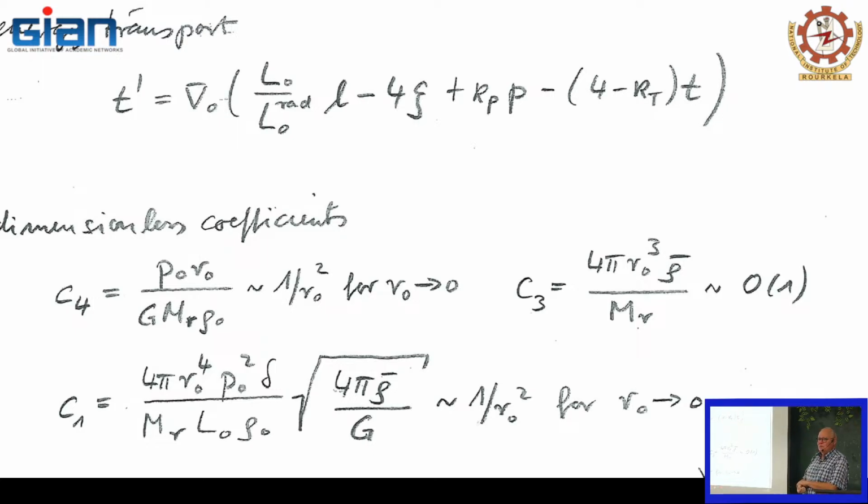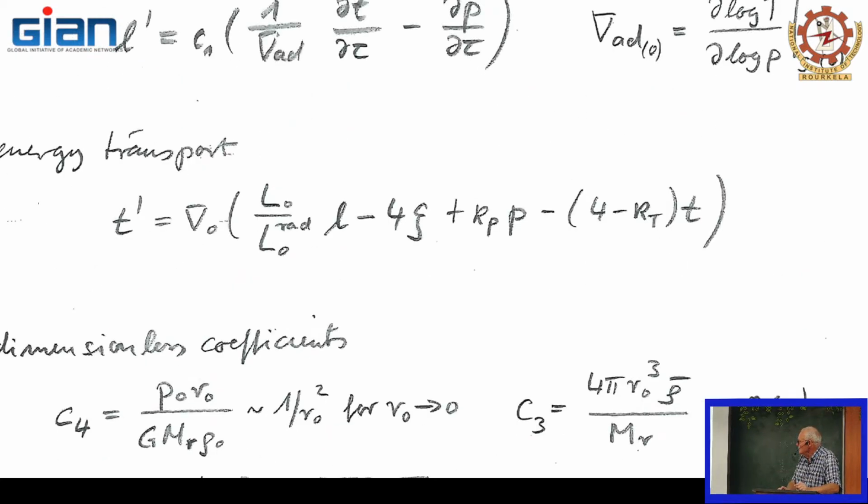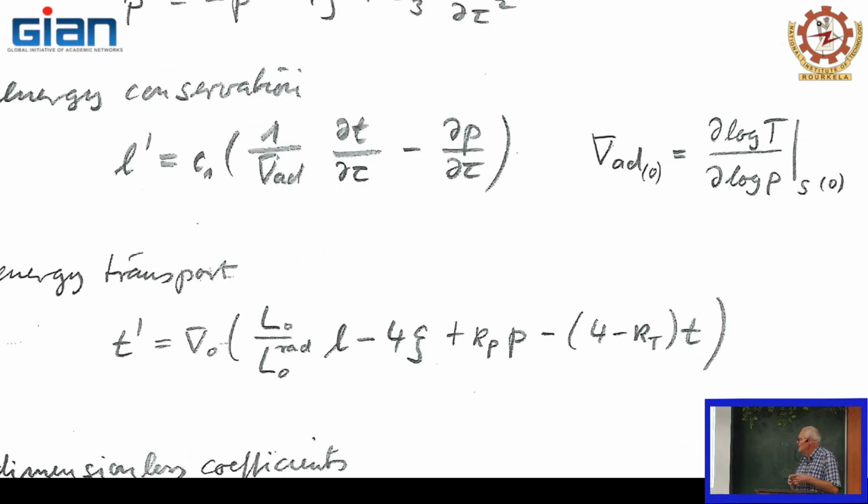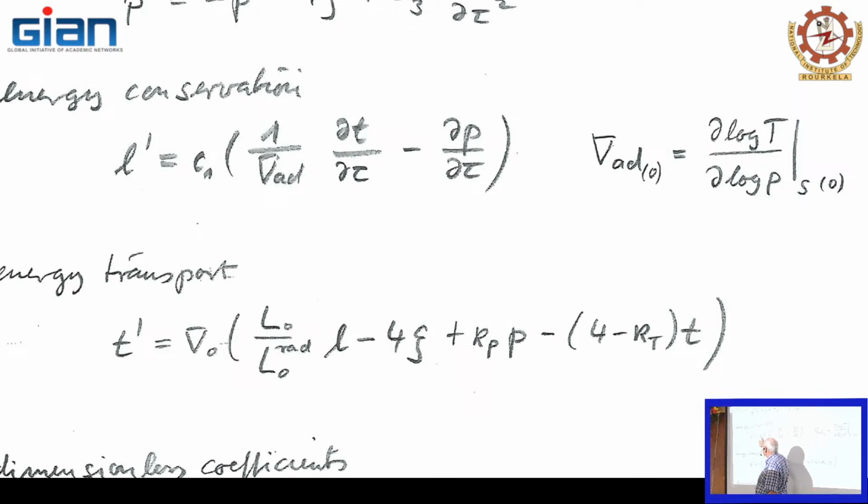Well, that's a bit of a problem if we want to solve these equations numerically. Once these coefficients diverge as we go to the center, what we'll do then is bring it to the left-hand side. So we take C1 here and bring it to the left-hand side, so we have 1 over C1.